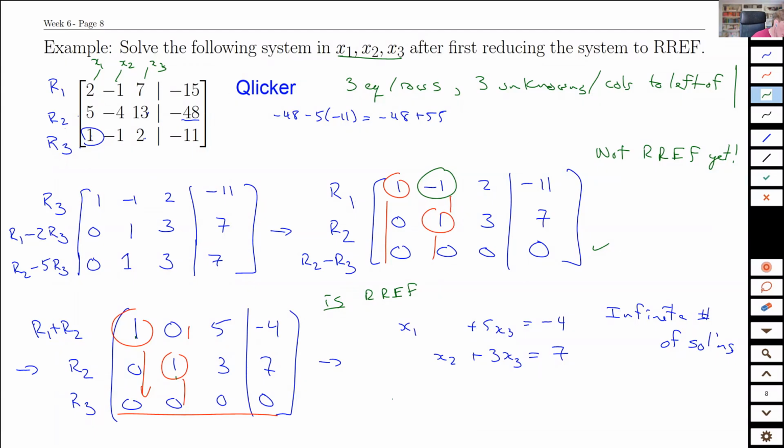And so what we usually do is we call x3 a free variable. That's a new term, free variable. And x1 and x2 are called dependent variables.